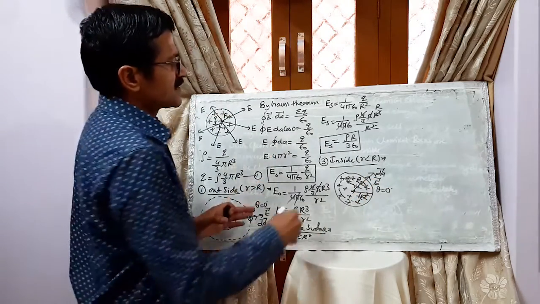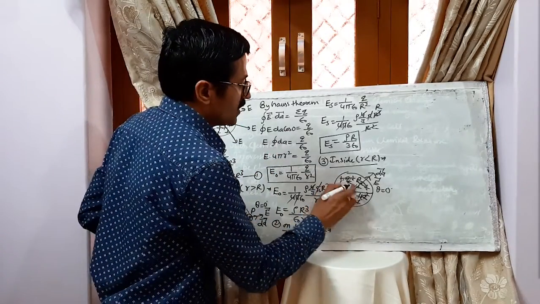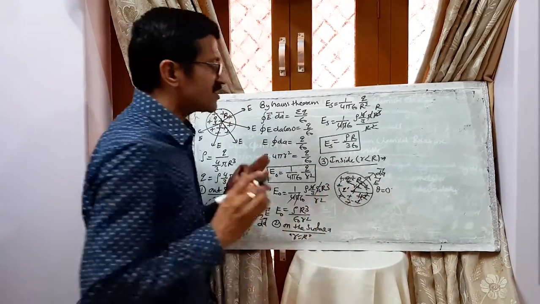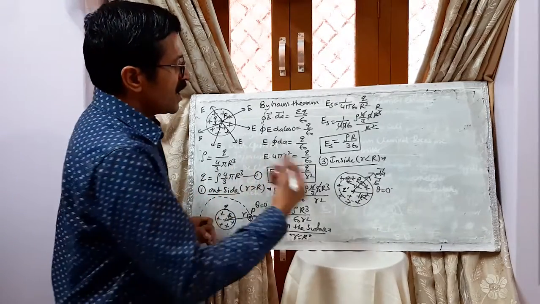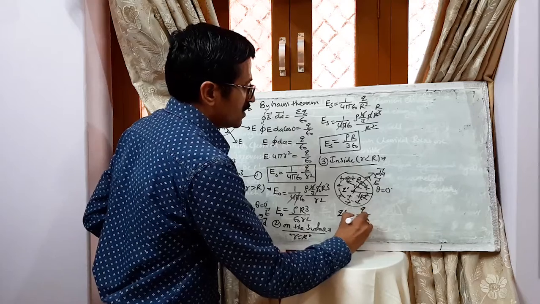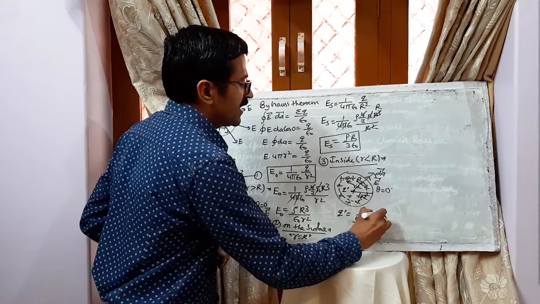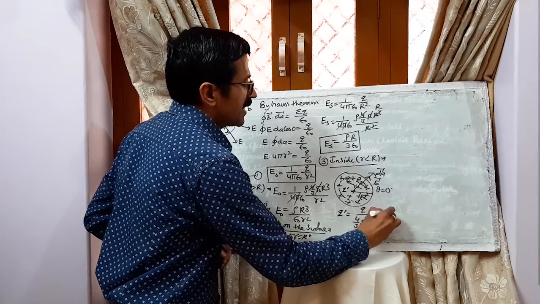The question arises whether the whole charge Q will be present inside or not. So no, only a charge Q dash is present inside. What will be the value of that? Q dash will be Q upon 4 by 3 pi capital R cube into 4 by 3 pi small r cube.